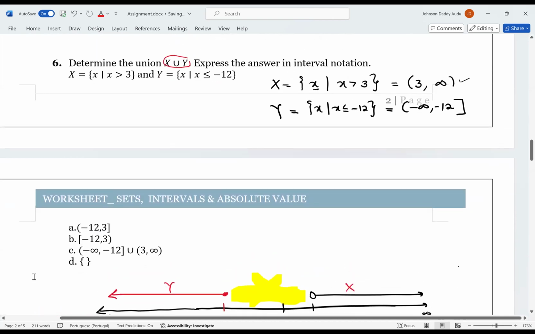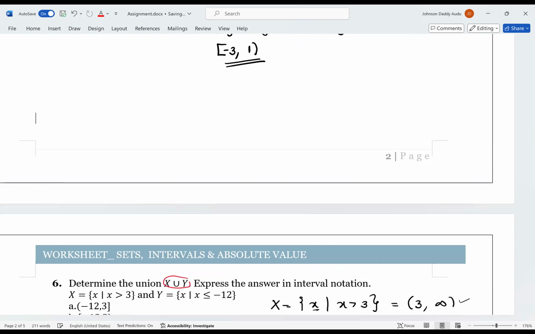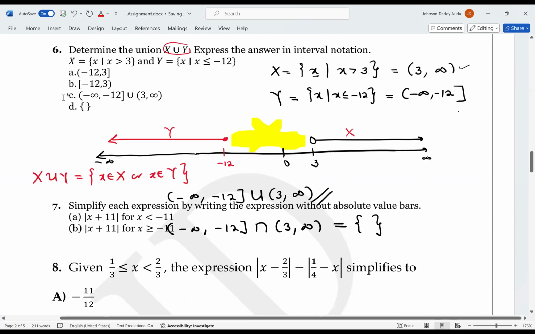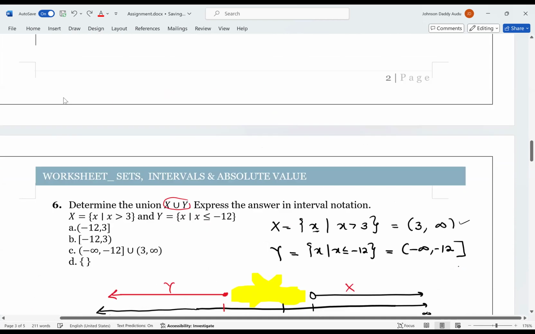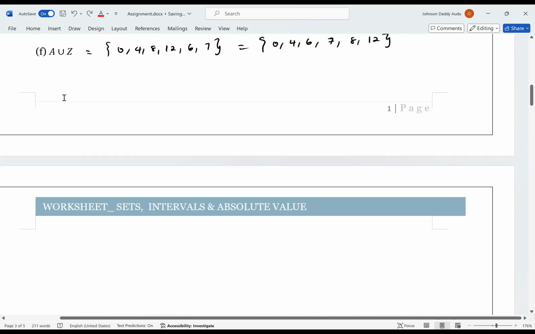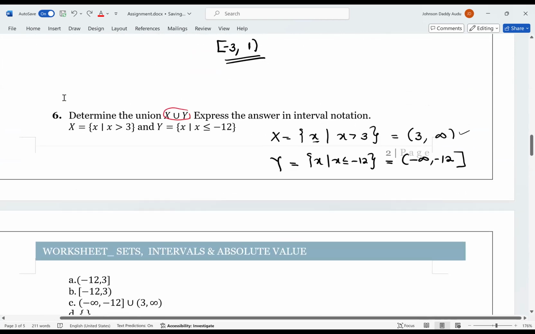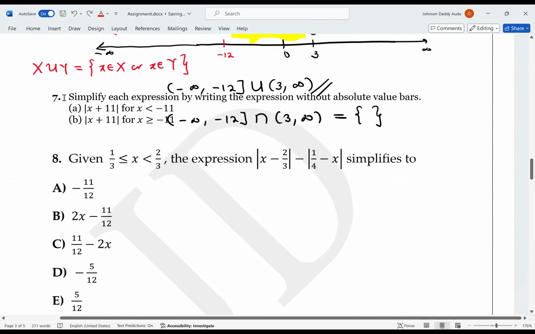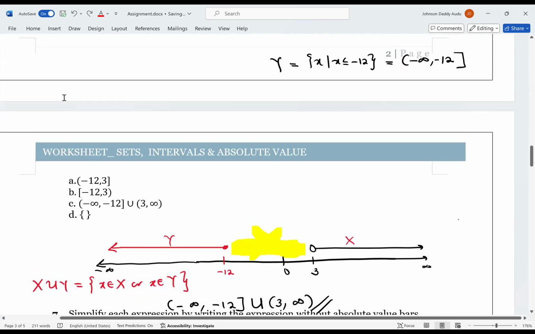Now, let's cover something different here. I'll go to question number 7 and question number 8, even though we've not done this yet, but I would like to explain it now. But it's not difficult. You can follow easily. Okay, so question number 7.